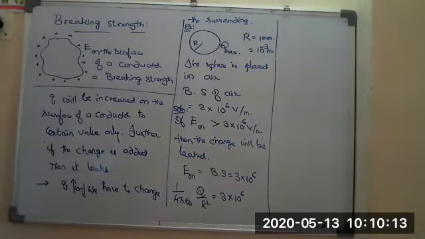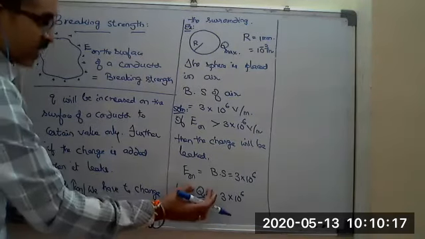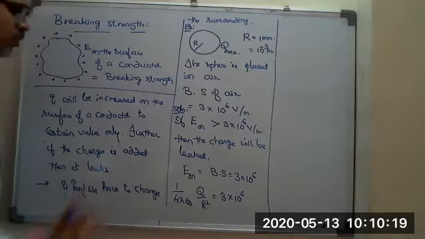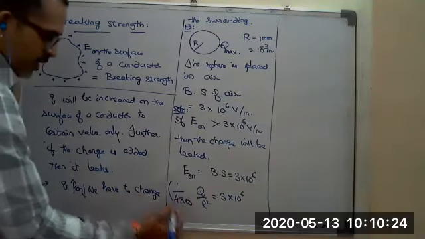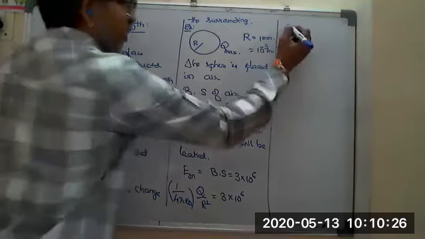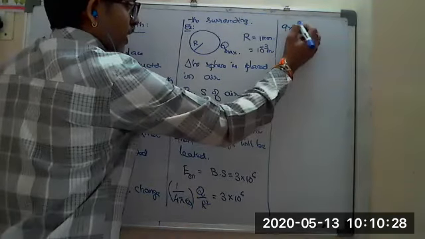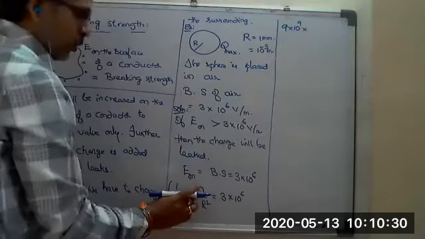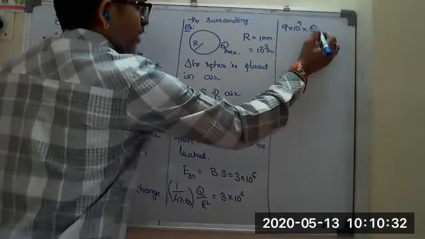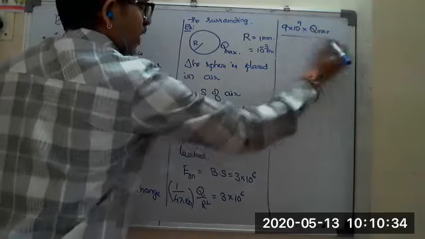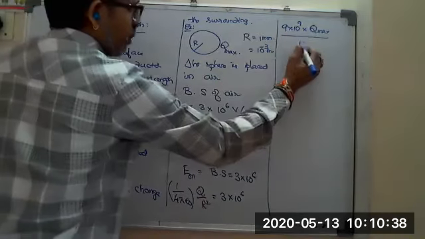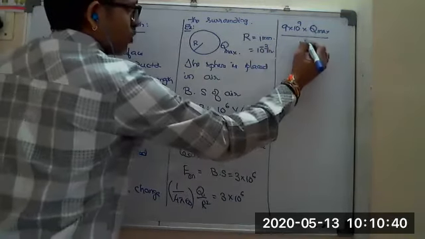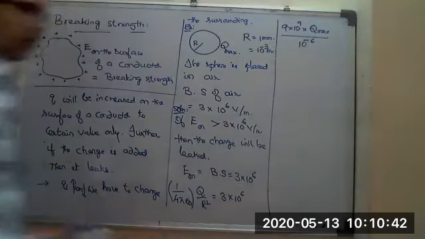Then we just have to find q max. Simple. We substitute the given information. 1 by 4 pi epsilon naught is 9 into 10 power 9, into q max divided by r square. r square is (10 power minus 3) whole square, which is 10 power minus 6.